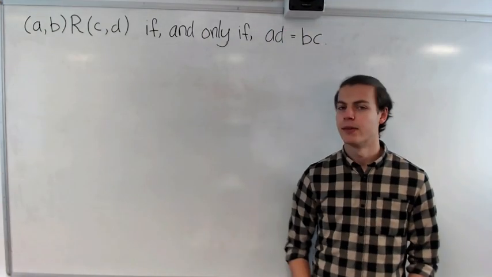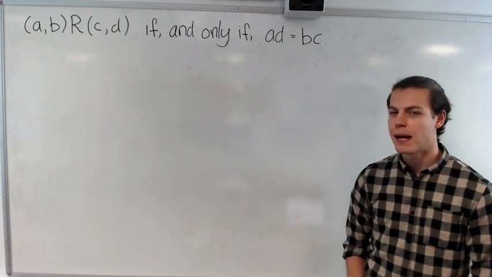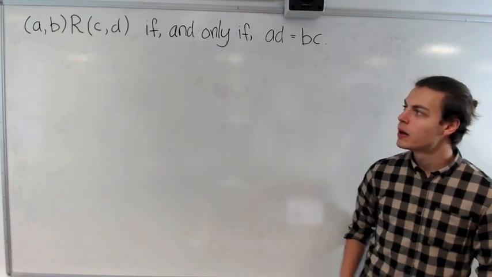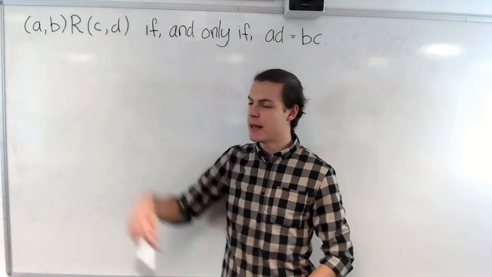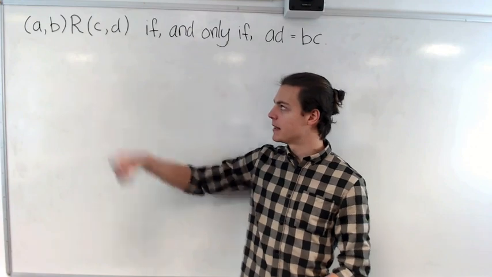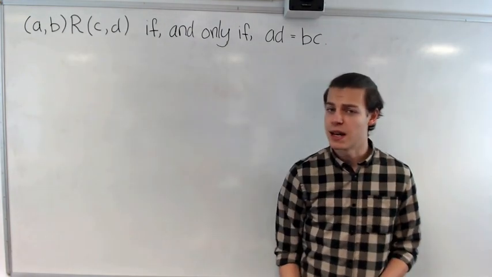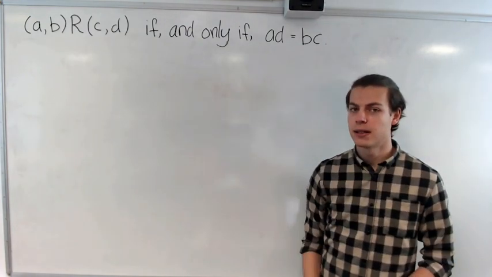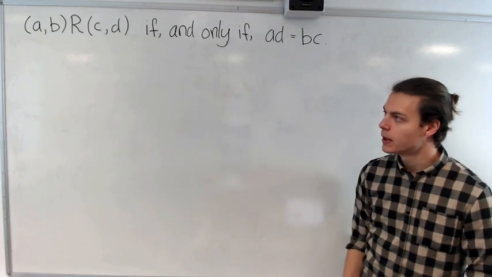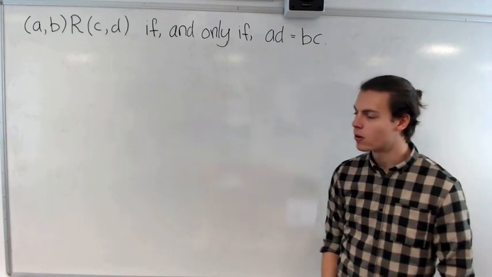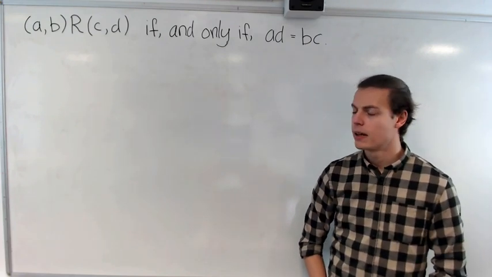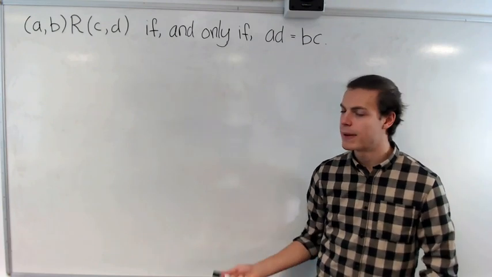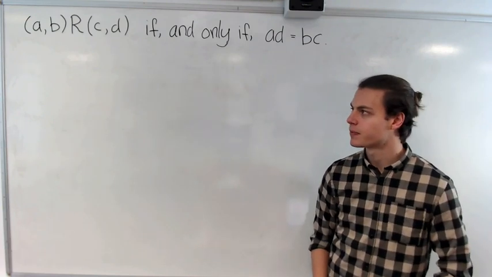Consider this binary relation on the set of pairs of positive integers, where the pair AB is related to the pair CD if and only if AD equals BC. Now, is this relation an equivalence relation? In other words, is it reflexive, symmetric, and transitive?